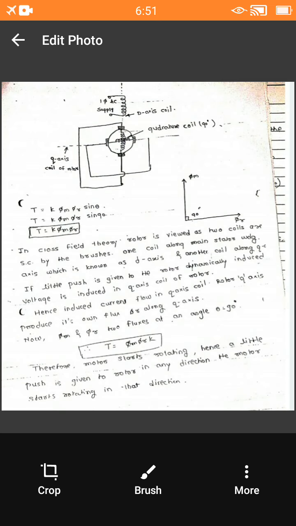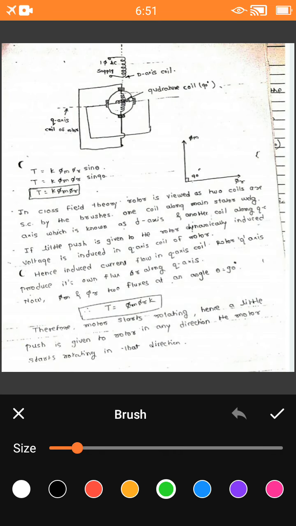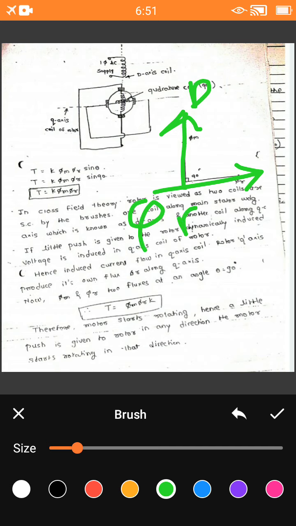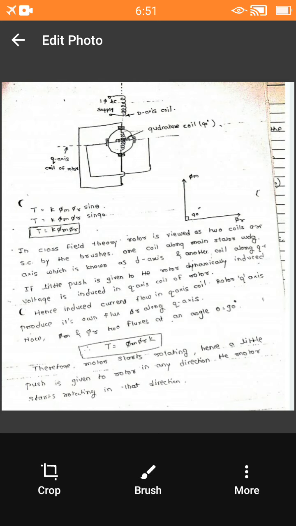So there are two fluxes available. The first flux, produced by the D axis coil, is phi m along the D axis, and the other is the rotor flux phi r on the Q axis, and the angle between them is 90 degrees.